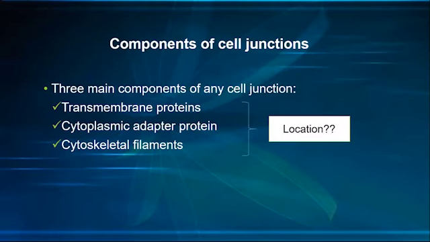So any type of movement or any type of signaling that is required, that is going to pass through these three different components, and these three different components are involved in providing different functions to the specific cell junctions.